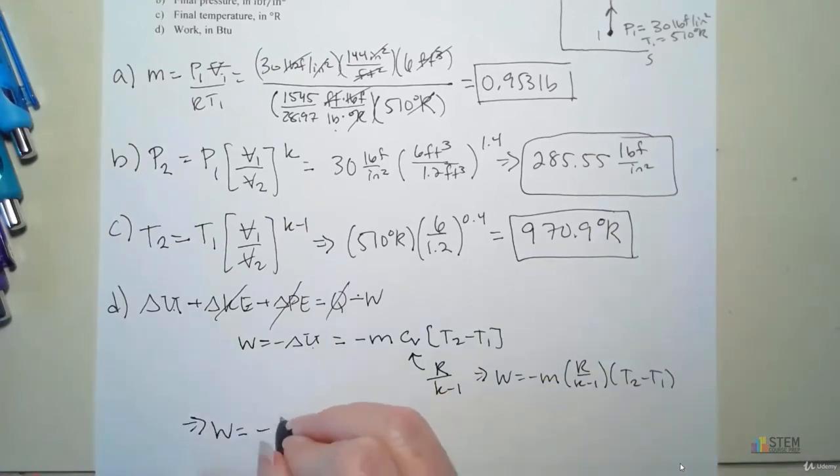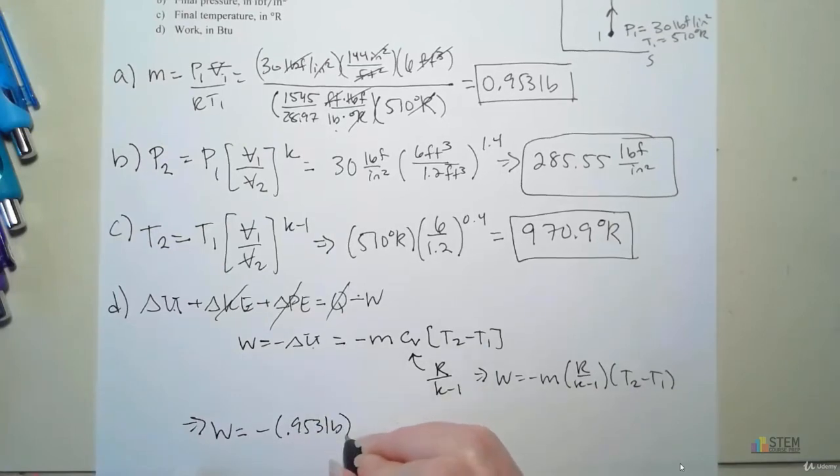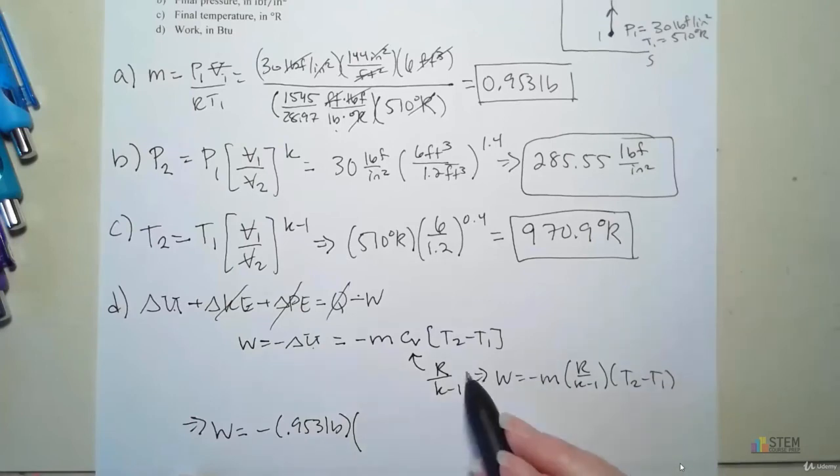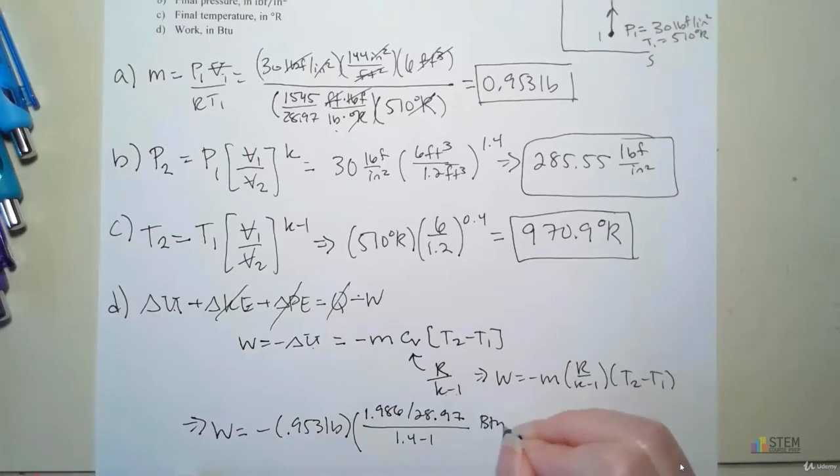So you're going to get negative 0.953 pounds. That's what we had for mass. And then you need R over K minus 1. For R, you're going to have 1.986 over 28.97. Put that over K minus 1. That's 1.4 minus 1. Units will be BTU per pound degree Rankine.